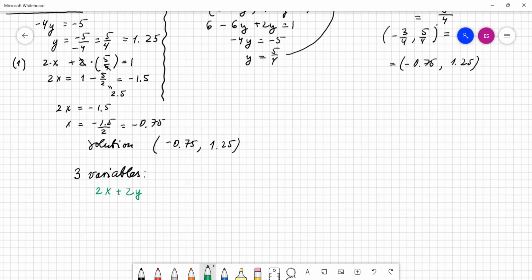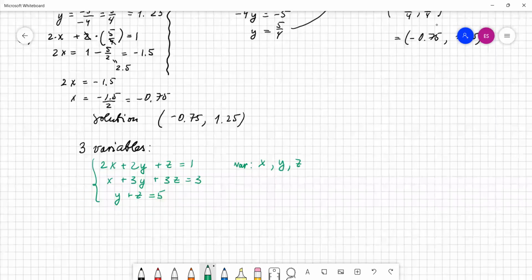2x plus 2y plus z equals 1. x plus 3y plus 3z equals 3. And y plus z equals 5. So you see it's a system of 3 equations, and it's going to have 3 variables. My variables are x, y, and z.